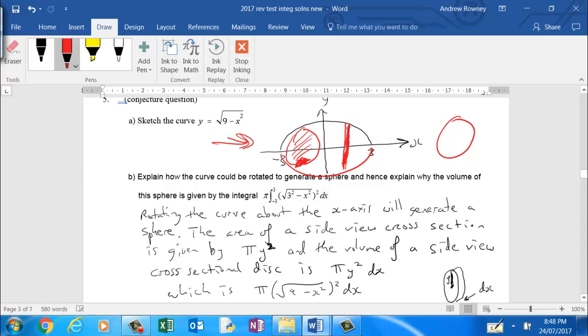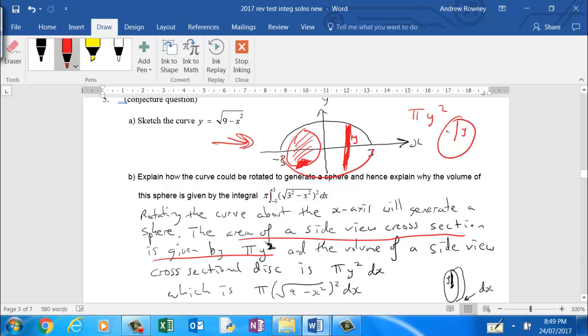Now the radius of that piece is the y value, so the area of that is pi r squared or pi y squared. So the area of a side view cross section is given by pi y squared. And the volume of a side view cross sectional disc is pi y squared times dx.